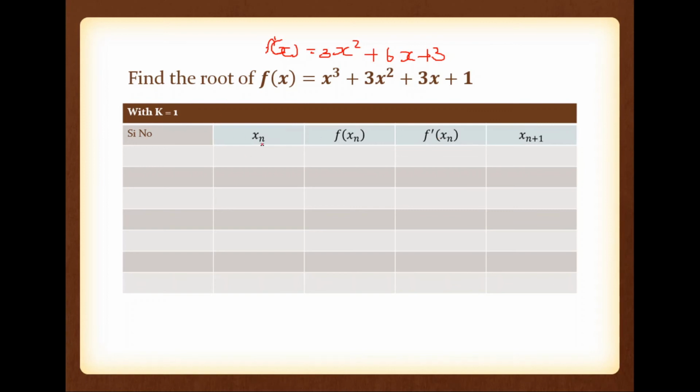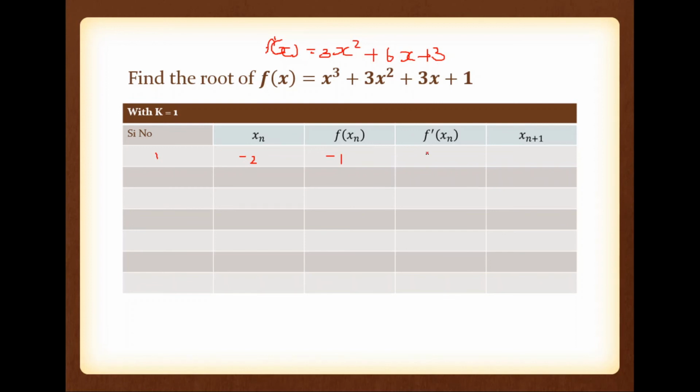So if x_n equals minus 2, in the first iteration, what is the value of f(x_n)? Minus 2 cubed plus 3 into minus 2 squared plus 3 into minus 2 plus 1. That is minus 8 plus 12 minus 6 plus 1, so that is minus 1. Now, what is f'(x_n)? 3 into minus 2 squared plus 6 into minus 2 plus 3.